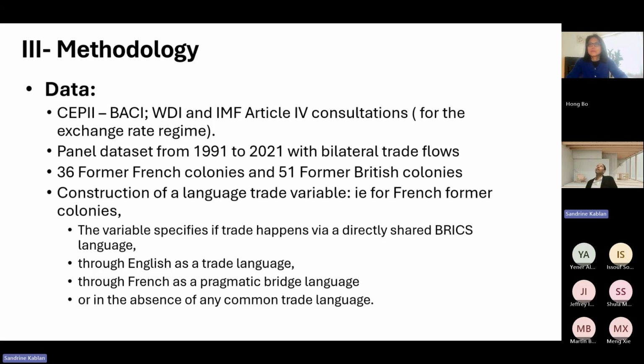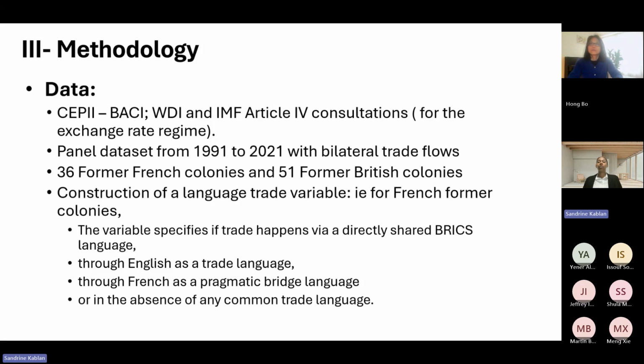Because the language variable that we had in the CEPII database was common official language, and we wanted to grasp some aspects of trade language that were not grasped by the language variable provided by CEPII. So we constructed a language trade variable.